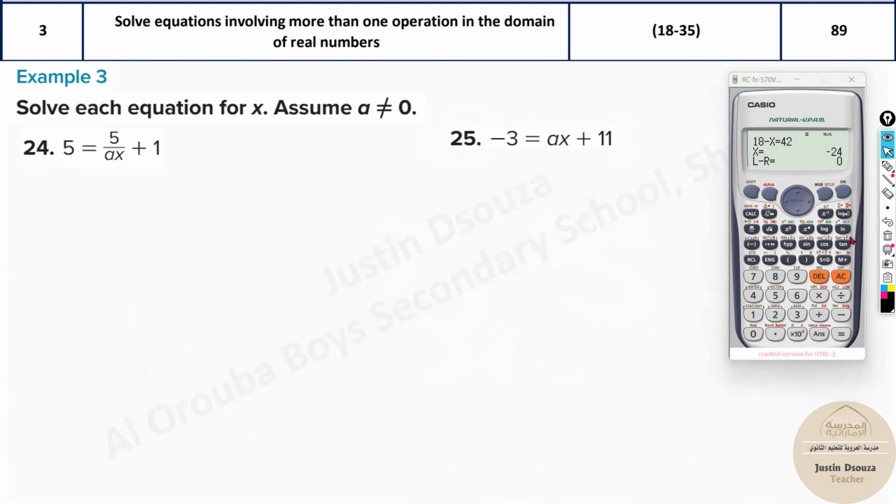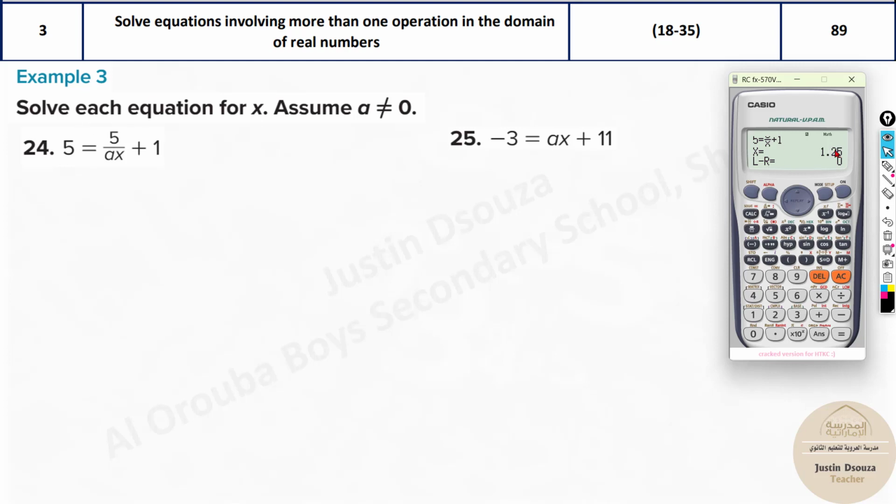Same over here. It's phi equals is by alpha, and calculate phi divided by alpha x plus 1. Shift and solve. Whatever answer we get for this x is 1 by 1.25, or if you know the fractions, it's 5 by 4. When I look at 1.25, I know that's 5 by 4.